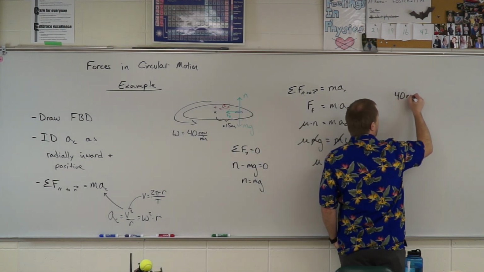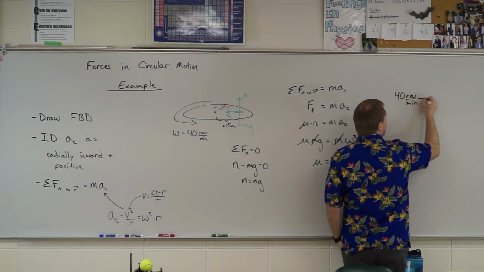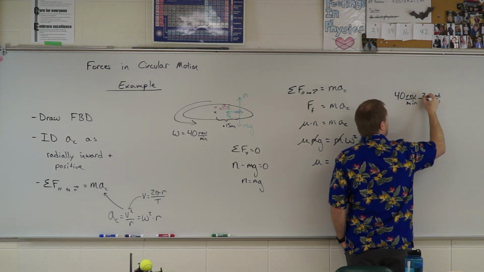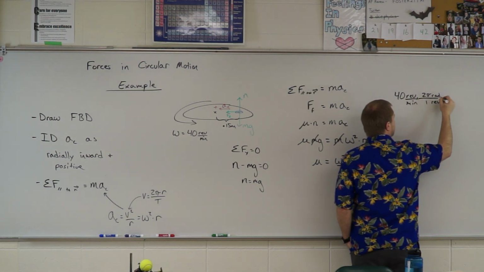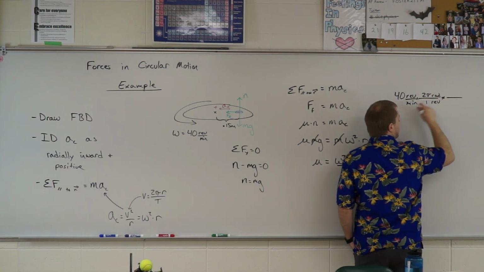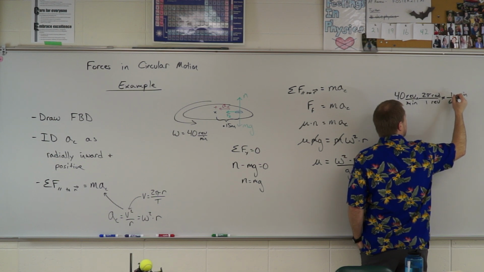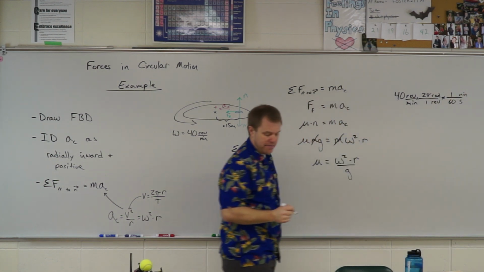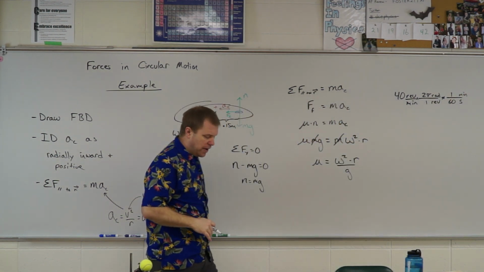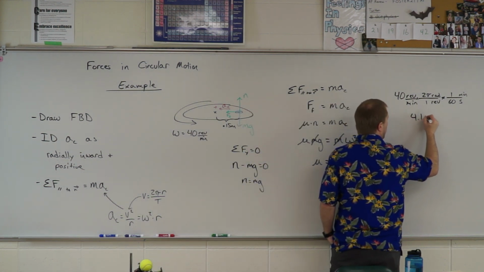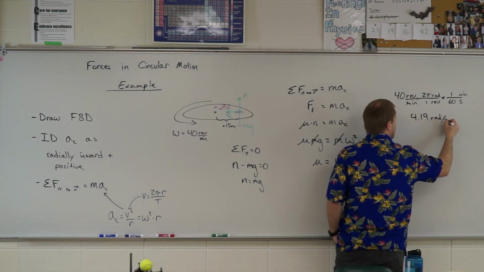I have 40 revolutions per minute. Get rid of revolutions, go to radians, so I'm multiplying by 2 pi. Get rid of minutes, go to seconds, so I'm dividing by 60 to get that omega value. You get an omega of 4.19 radians per second.